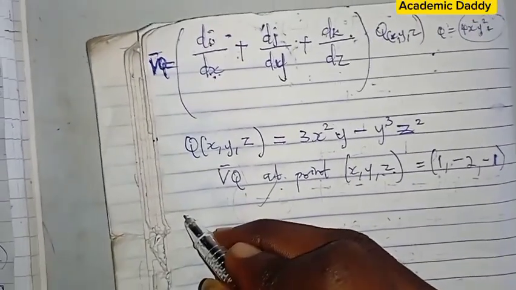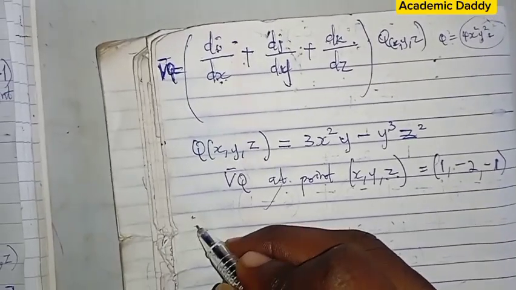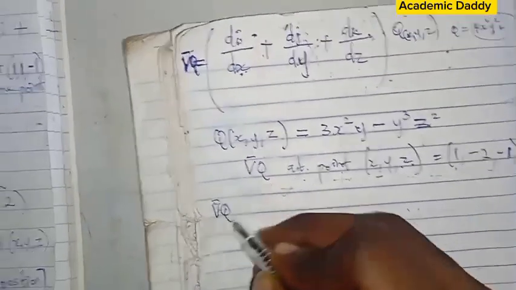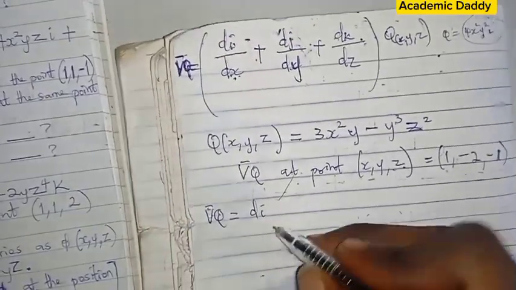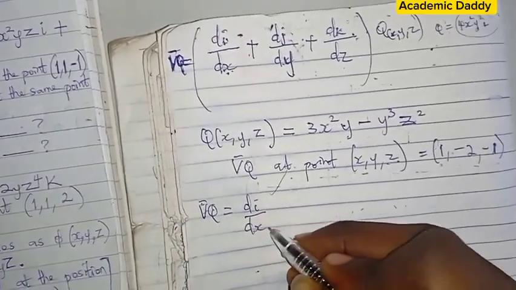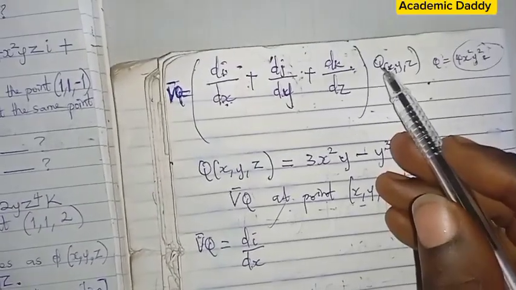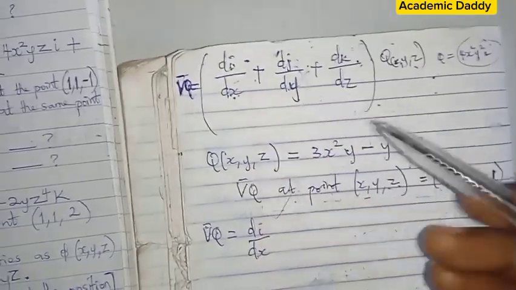So we use our formula, which is now saying ∇q is equal to di all over dx. Now notice that there is q outside, and this means multiplying everything here.